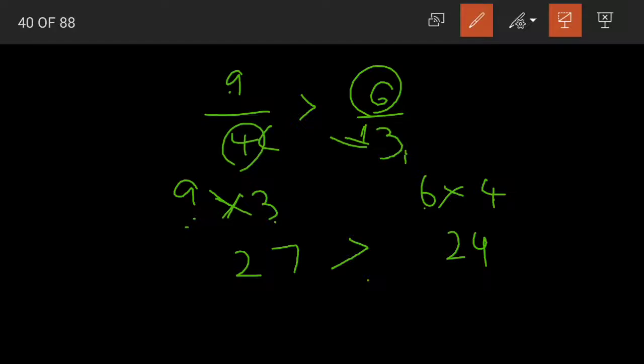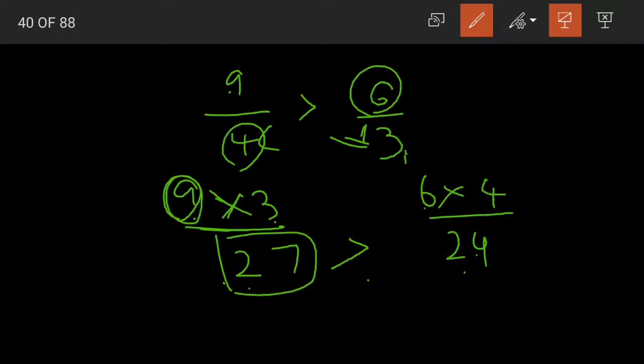Understood, children? Now if you recall about like fractions, what did we do? We compared the numerators. In the same way, now we compare the products of cross multiplication. Yes, how did we get this number? It came from the numerator of the first fraction multiplied by the denominator of the second.